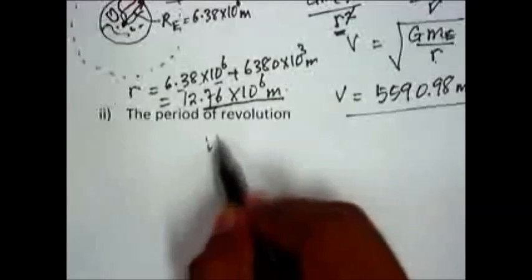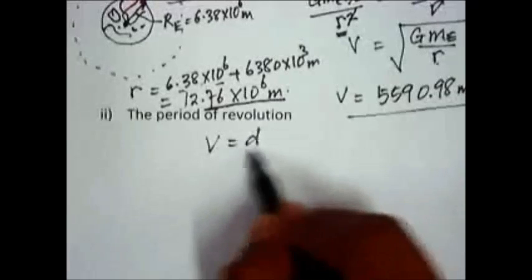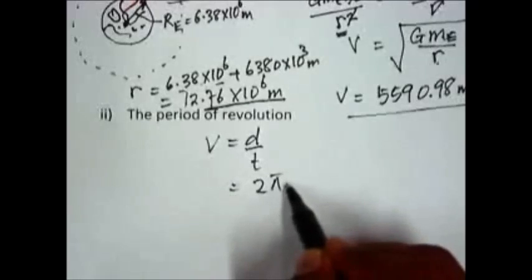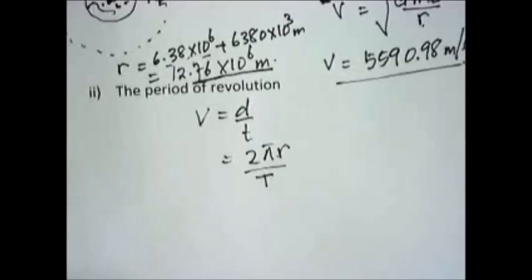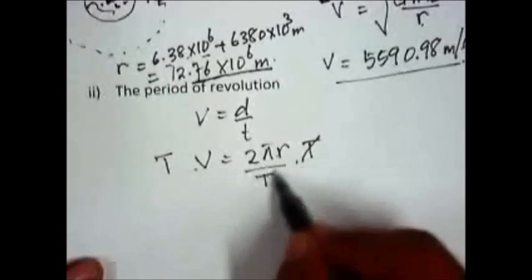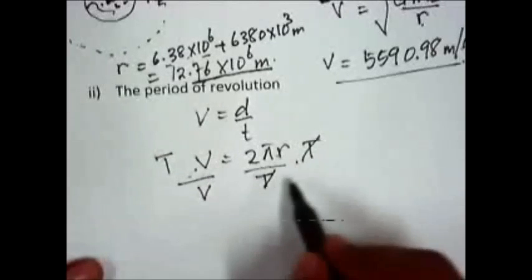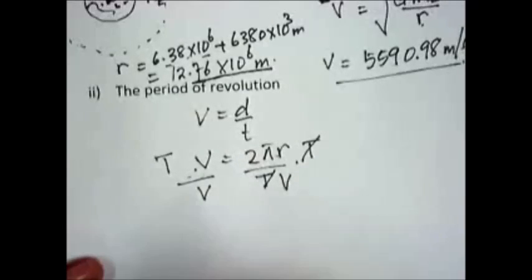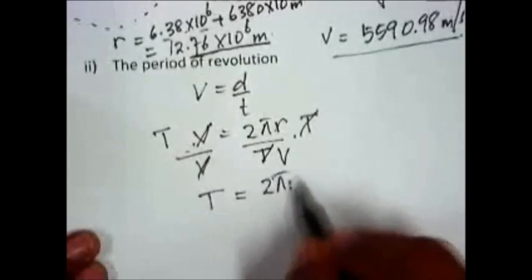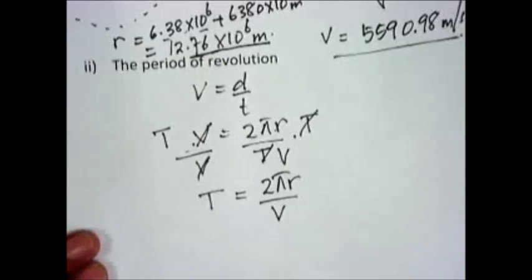So like I said, velocity is also equal to distance divided by time that we used, and we said that the distance was 2 pi r divided by period. If I make period the subject of the formula, multiply by period and divide by velocity on this side as well, the period of that satellite is equal to 2 pi r divided by velocity.